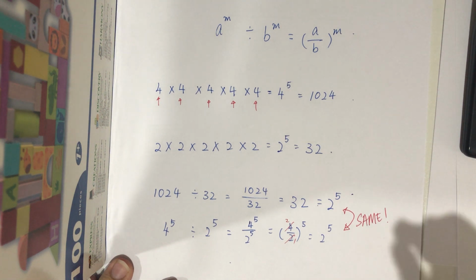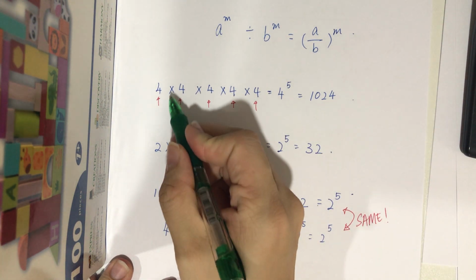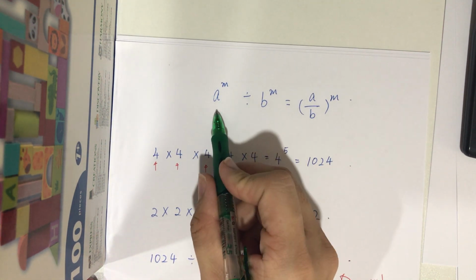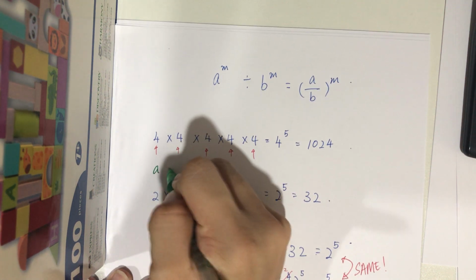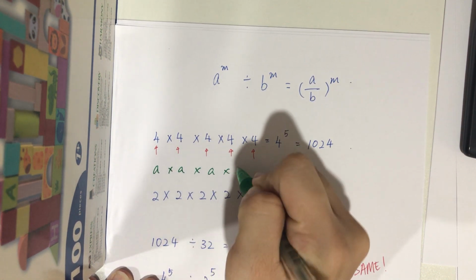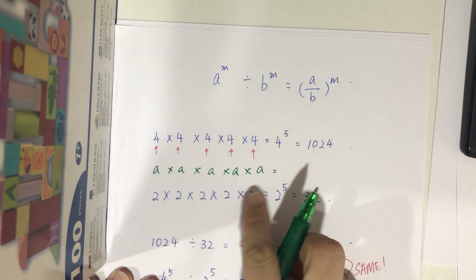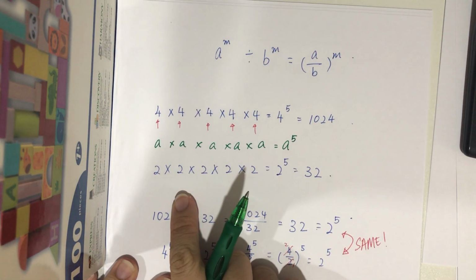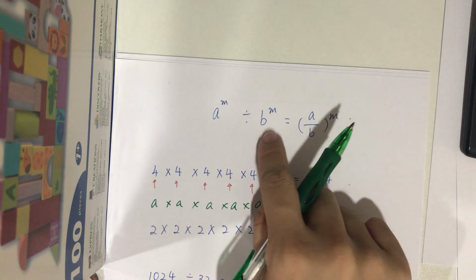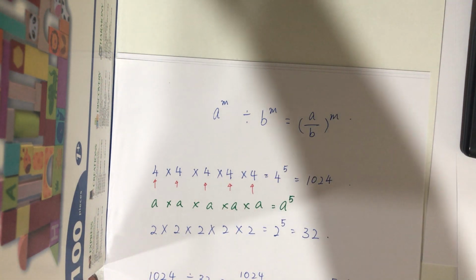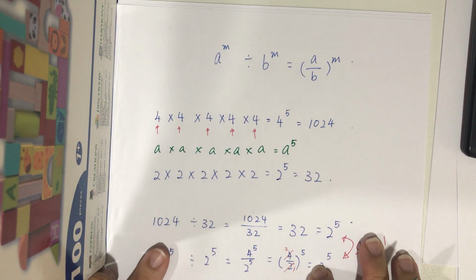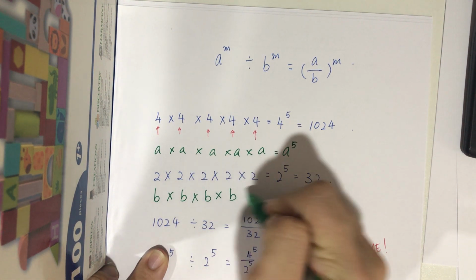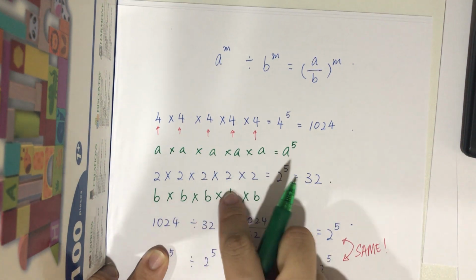Then what about in algebraic form? So in algebraic form, what is written here is A to the power of M. A is actually 4, so it's A times A times A times A times A. 1, 2, 3, 4, 5, A to the power of 5. B will be the number 2, so it's B times B times B times B times B. 1, 2, 3, 4, 5.